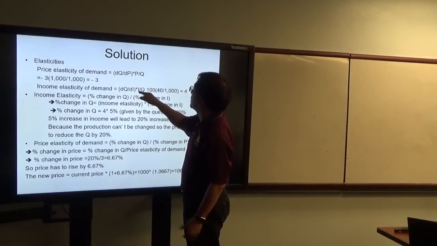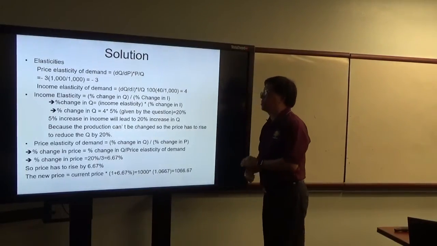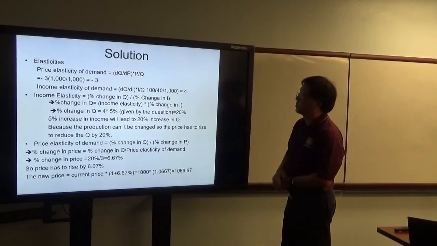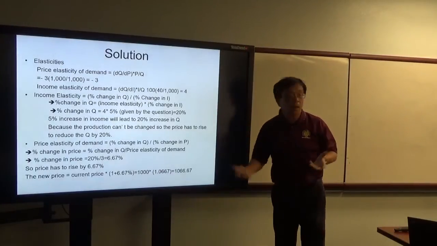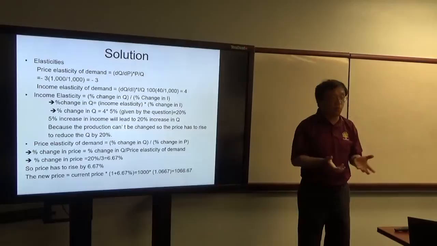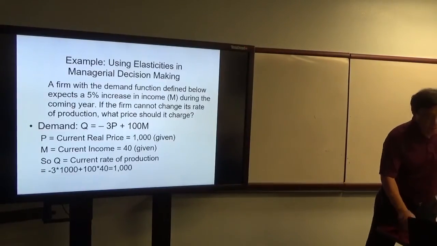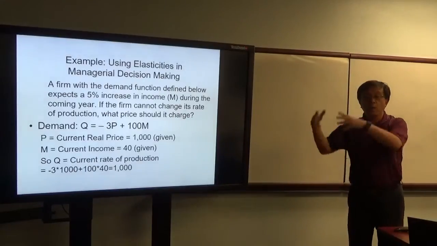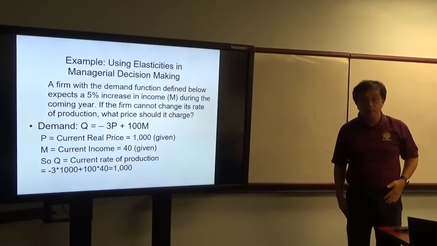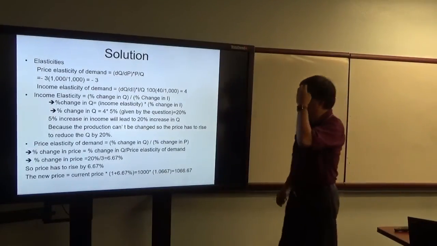It's equal to 4. So according to the information, income is going to increase 5%. What happens to the percentage change in quantity? We can figure this out.